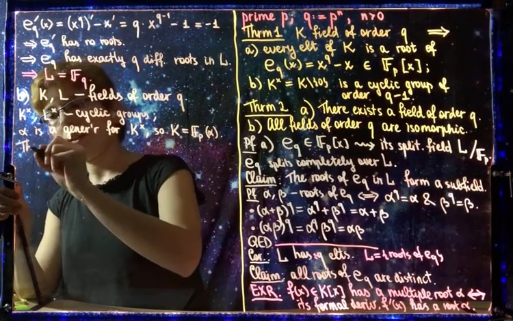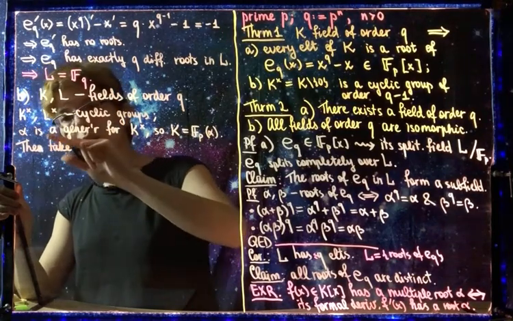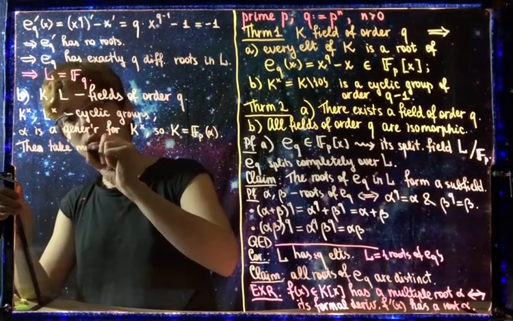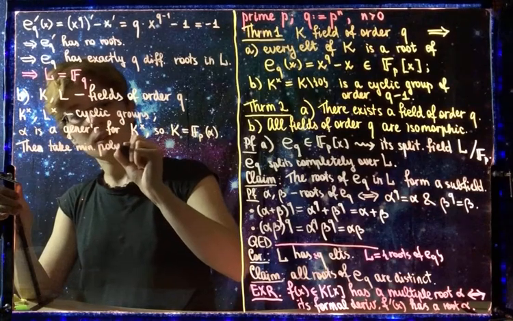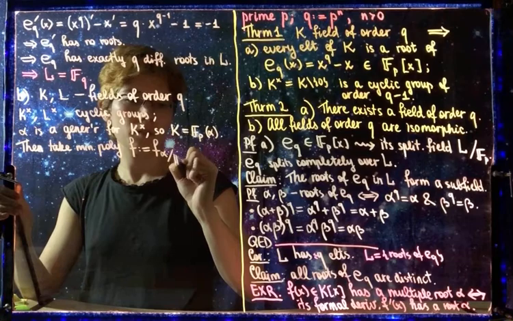Then we can take the minimal polynomial for alpha, F, alpha over Fp.